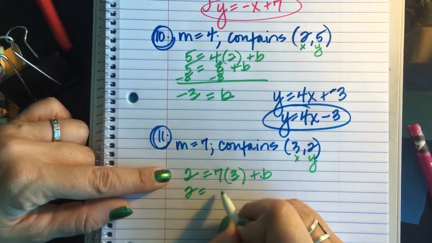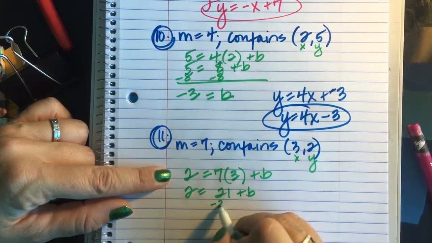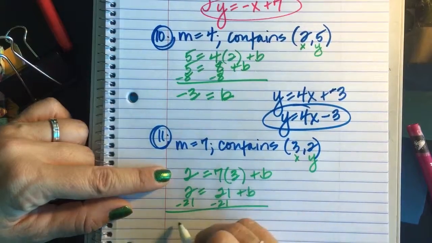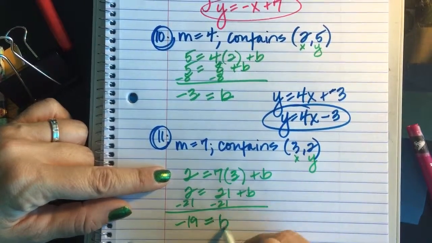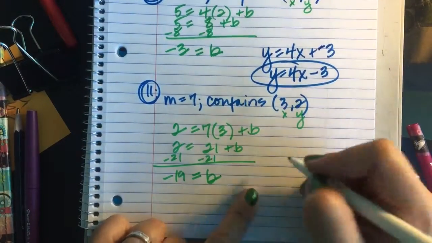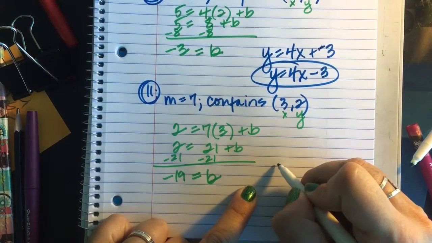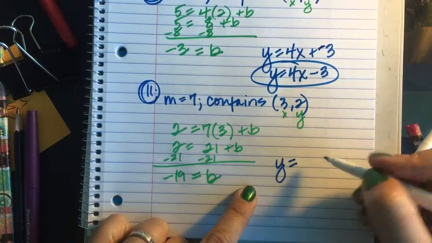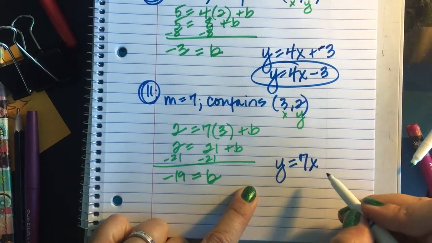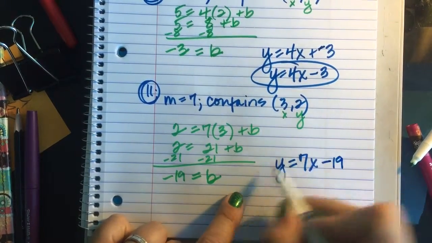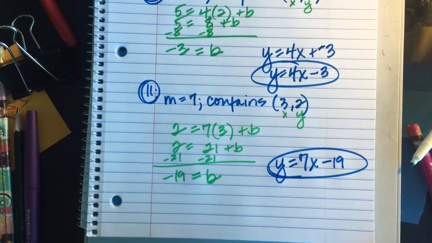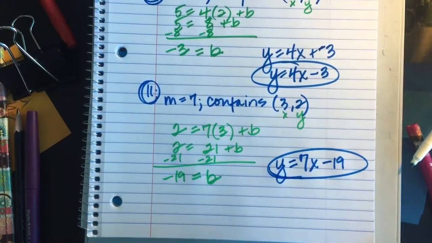So 2 is equal to 21 plus b. If I take 21 away, b is negative 19. When you're ready to give the final equation, go ahead. It's y equals 7x minus 19. Perfect. I think this is getting far better. I hope.